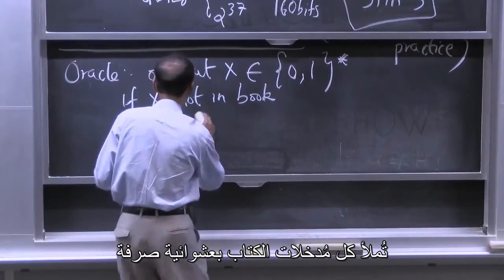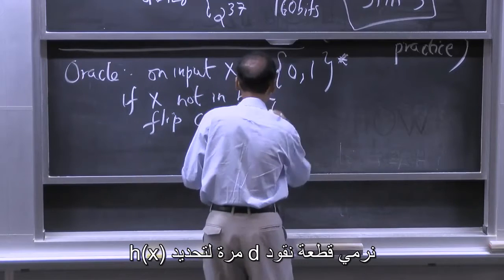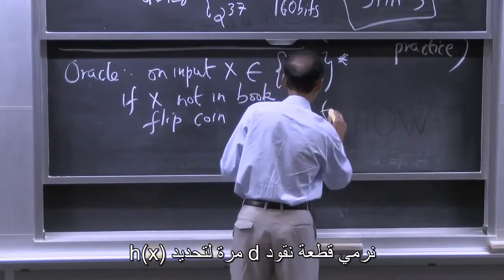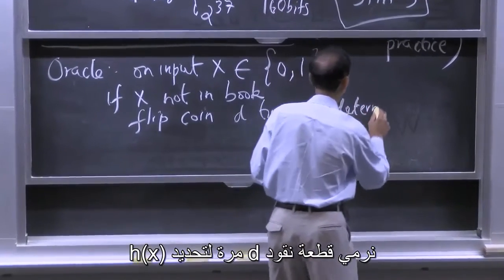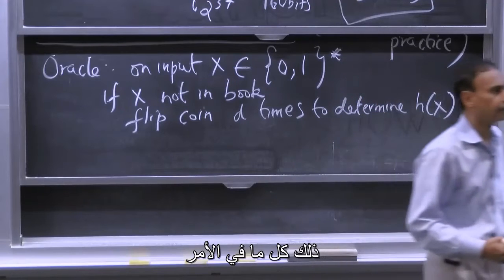All of the entries in the book are filled in using pure randomness. So you flip a coin d times to determine h of x. So that's basically it.